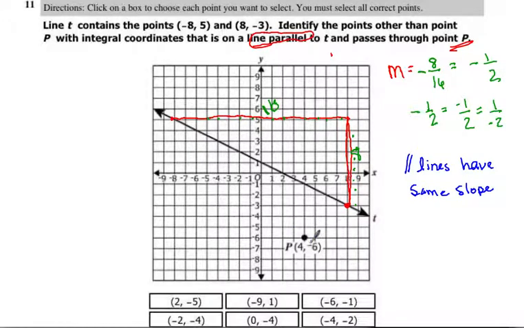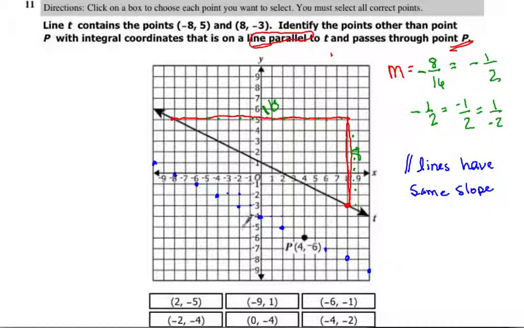From this point, I'm going to go up 1 over 2, negative. Up 1 over 2, up 1 over 2, and I'm just getting them all. Down 1 over 2, down 1 over 2, down 1 over 2.